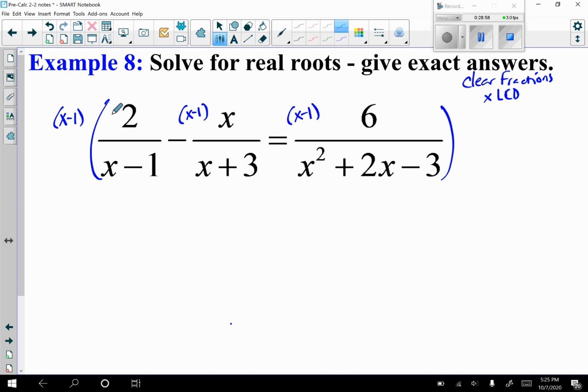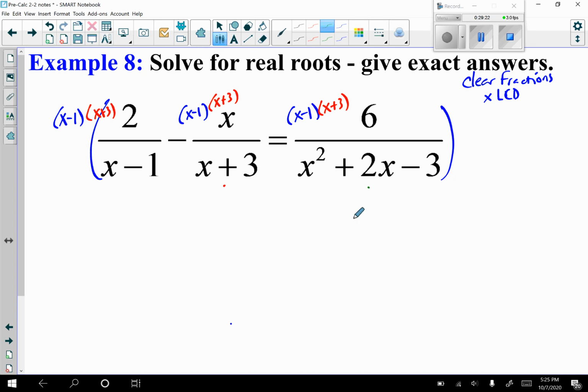Make sure we distribute it through. Next one, we have to get rid of x plus 3. That means I have to multiply by x plus 3. We'll do that on everything. X plus 3 and x plus 3. We're just building this common denominator.